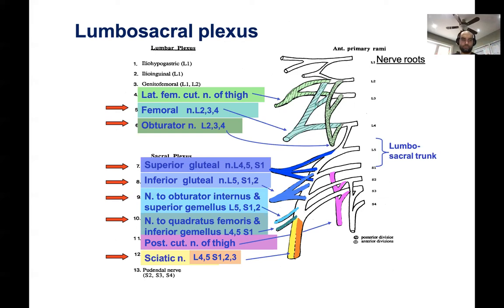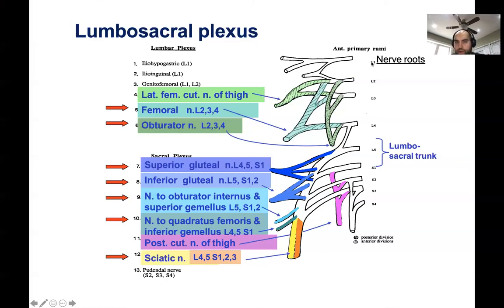Awesome. Okay, these red arrows over here to the left indicate all the nerves that have mostly motor function. The ones without the arrows, so this one over here and this one over here, is predominantly a sensory nerve. And if you look at the rightmost part of this diagram, we have all the nerve roots.